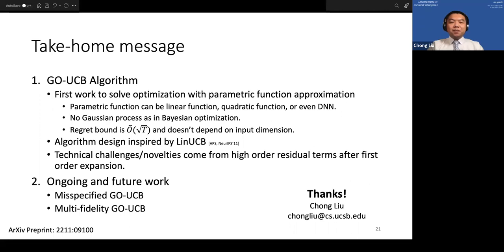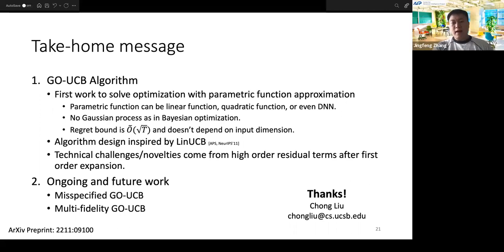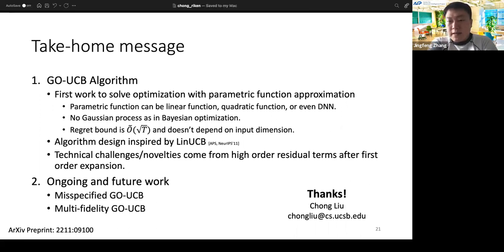Whether we can incorporate some auxiliary information into the black box optimization? Maybe we can significantly help and reduce this problem. What do you think? Sure.